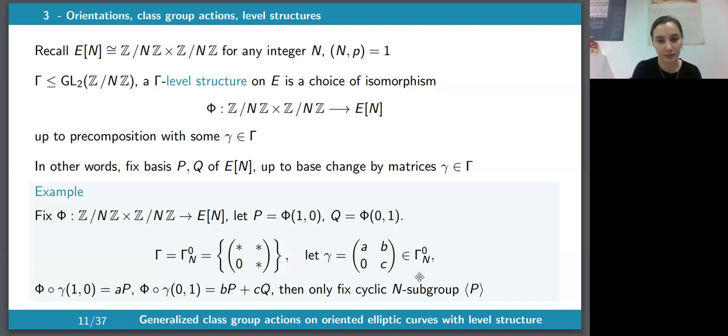We can see that the point P, by precomposing with such a matrix gamma, will be sent to some multiple A times P, and Q will be sent to a combination B times P plus C times Q, which means that fixing gamma level structure here is just fixing a cyclic subgroup of order n generated by some point P. We call such a subgroup gamma 0 of n.